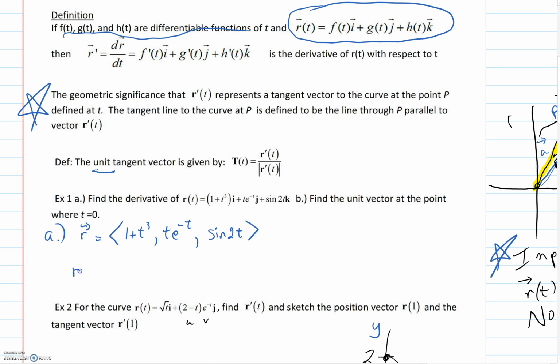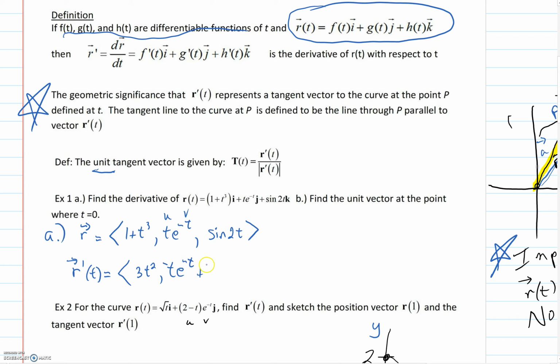As we do that, r prime, well, the beautiful thing is we're just going to take the derivative of our first component. That's going to be 3t squared. The derivative in the middle, we're going to need the product rule. That's going to be t times e to the negative t, but the derivative of e to the negative t has a negative 1, so that negative is just going to come out in front from the chain rule.